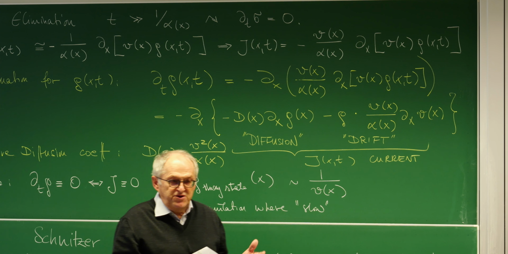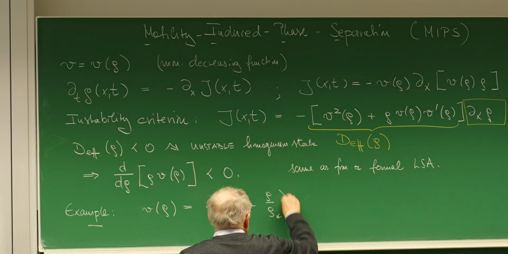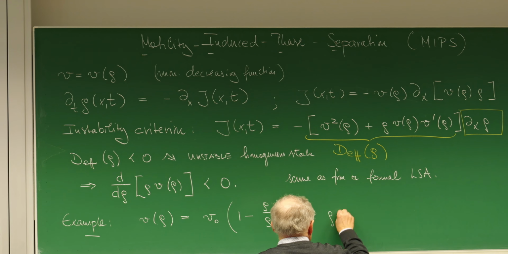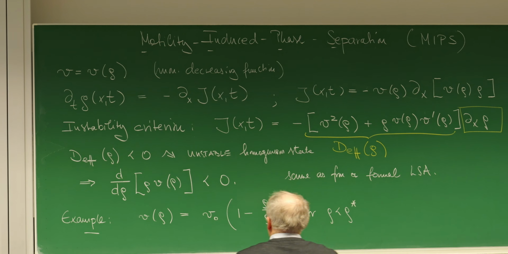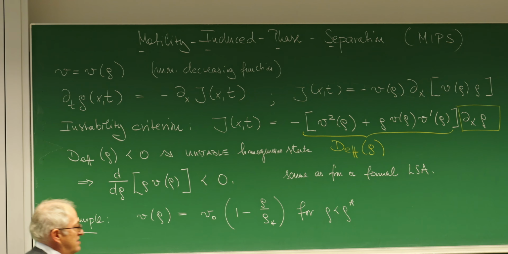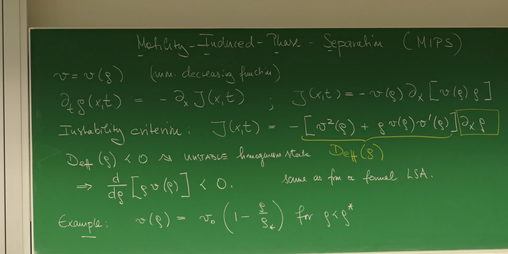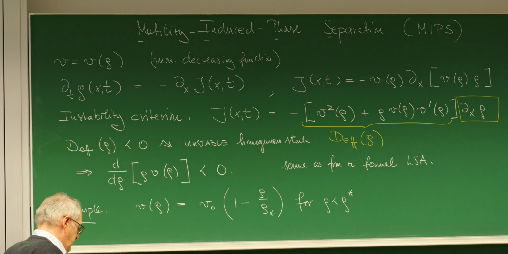Let's take an example to make this concrete. So let's say I take a profile for the velocity that's linearly decreasing, and let's focus just on the domain where this is positive. So it's a linearly decreasing function which becomes 0 at rho star.